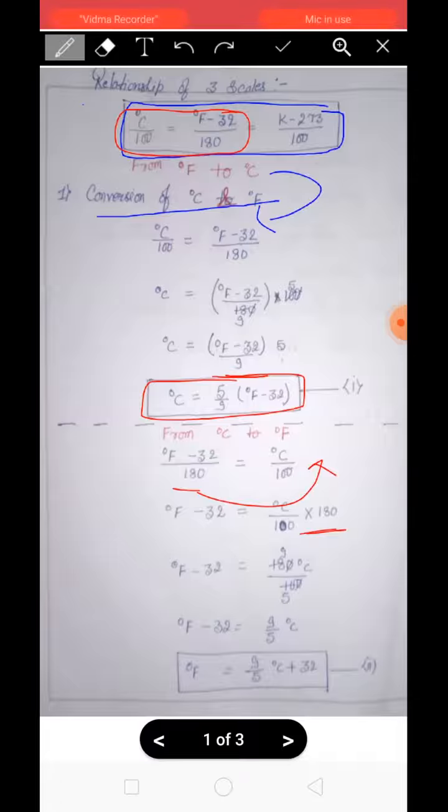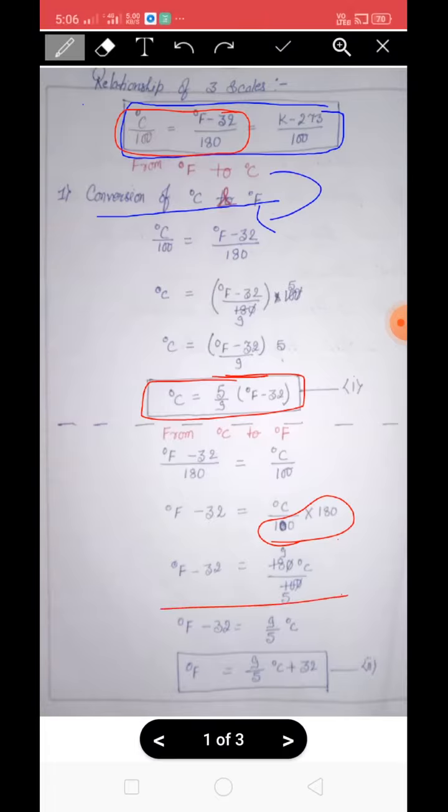F minus 32 is equal to degree centigrade by 100 into 180. Later on they will get cancelled out with each other, and they will become 9 by 5. We can write it like this as well, and then it will become 9 by 5 degree C. So we have written it like this: degree Fahrenheit minus 32 is equal to 9 by 5 degree C, and now this minus 32 will come over here and it will become plus 32.